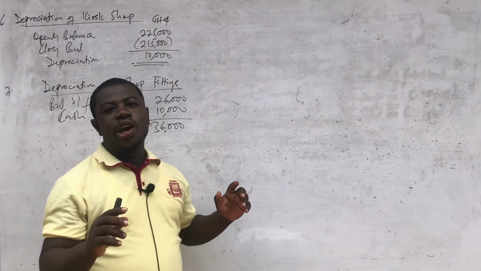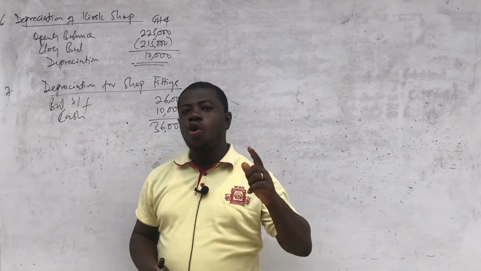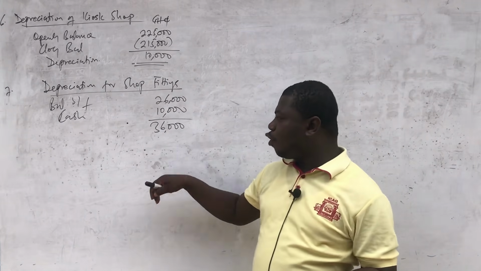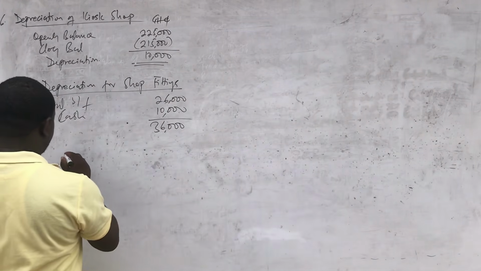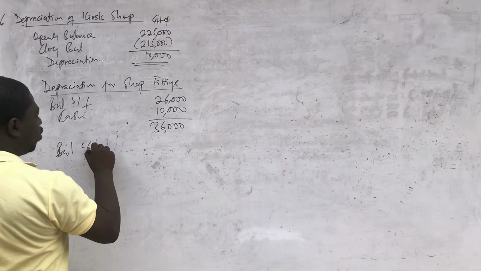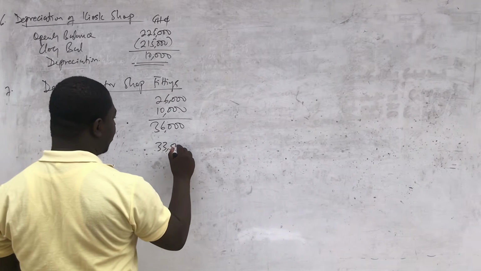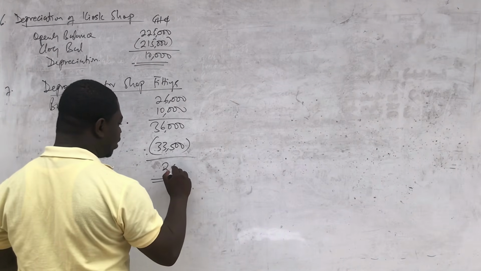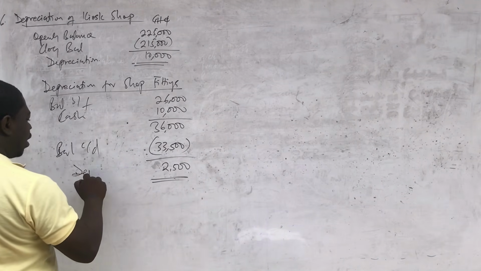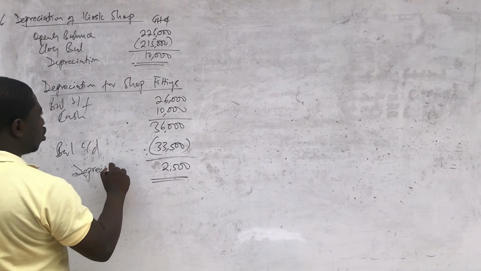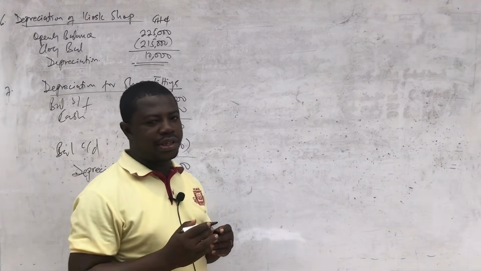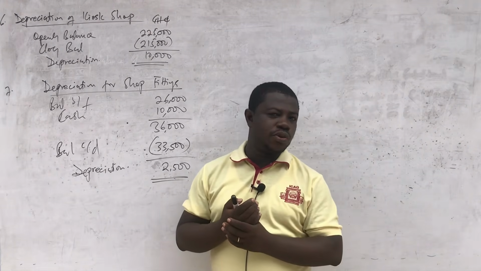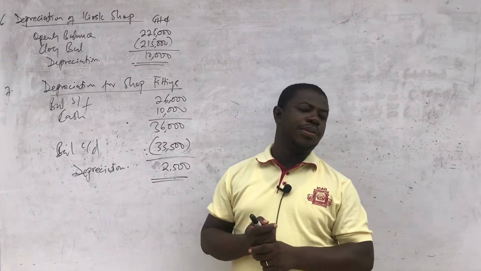When there is an acquisition, you don't compare only the opening balance. Add the acquisition to the opening balance before you compare with the closing balance. And so the balance carried down, or the closing balance, was 33,500. So when we take that out, we get a difference of 2,500, which will be our depreciation on the shop fittings. Very simple, very tricky, but once you have mastered it, I don't think you will fail to do it if you meet anything like this in the next question.